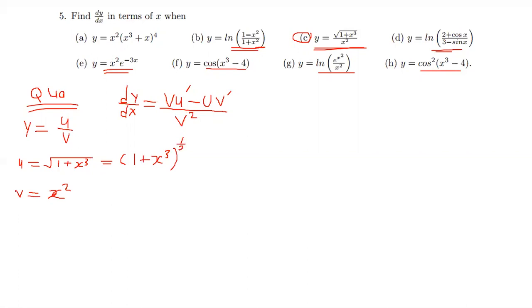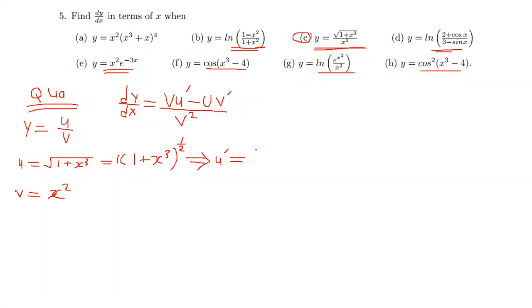We know that this square root is just equivalent to 1 over 2. So for us to find u prime there, u prime will just give us what? You multiply this half times 1 here.